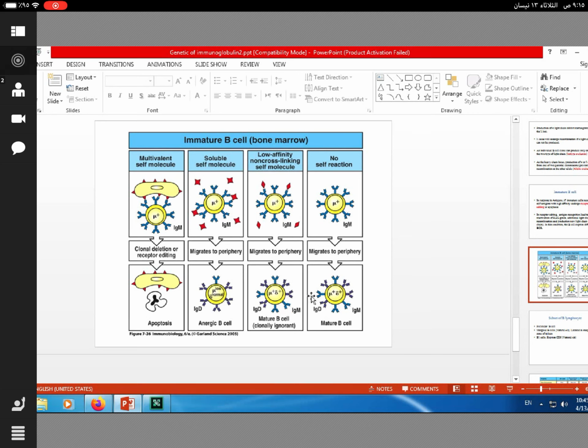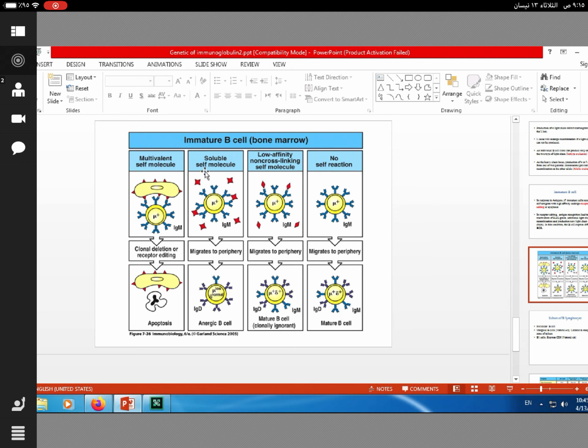In the mature B cell, the cell expresses IgD as well as IgM. So, expression of IgD and IgM indicates that the B cell is a mature B cell.